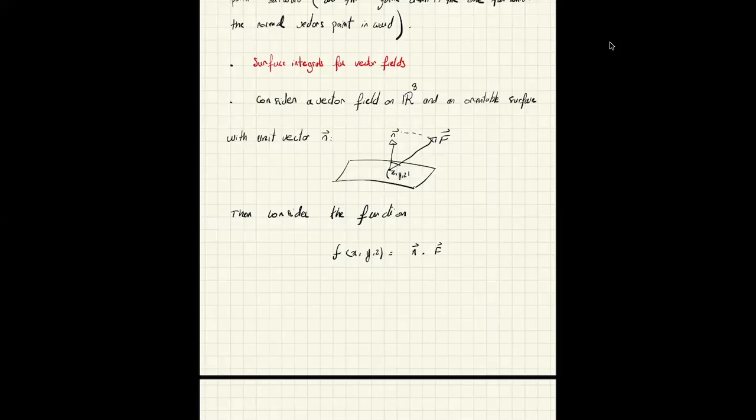So f·n gives the component of f along the direction n.